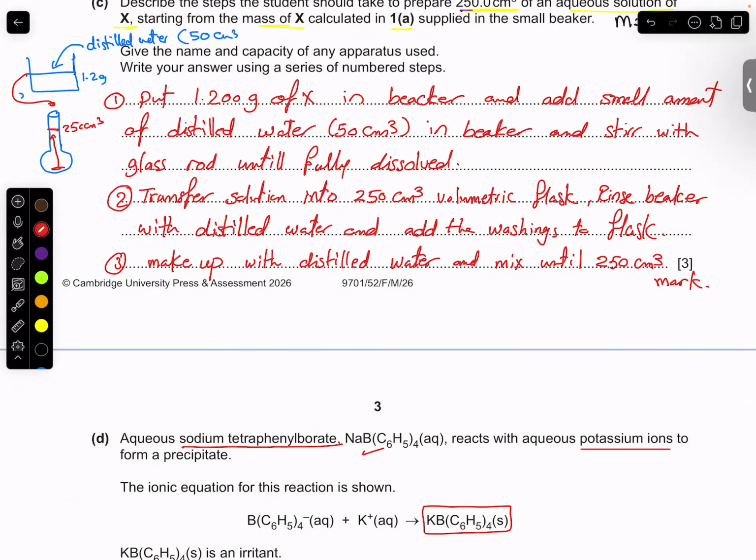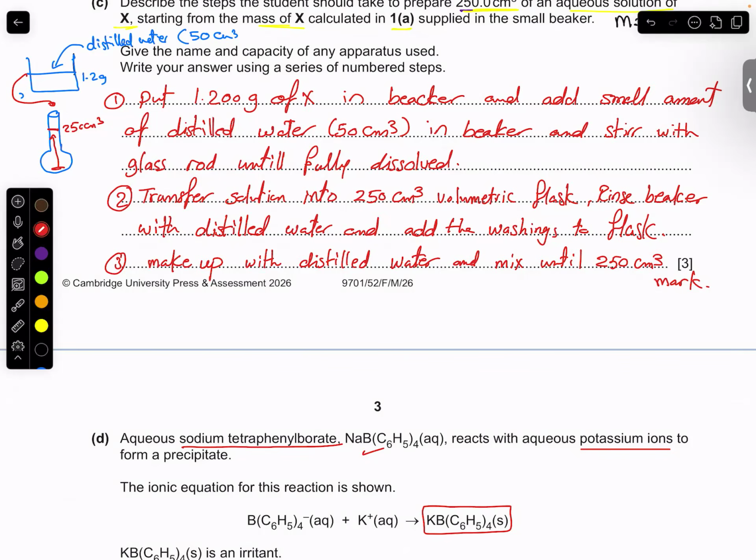So the steps: number 1, put 1.2 grams of solid X into a beaker. Then add a small amount of water and dissolve it so that they are completely mixed. Then transfer to the volumetric flask. Add water to the beaker again and transfer the washings to the 250 cm³ volumetric flask.